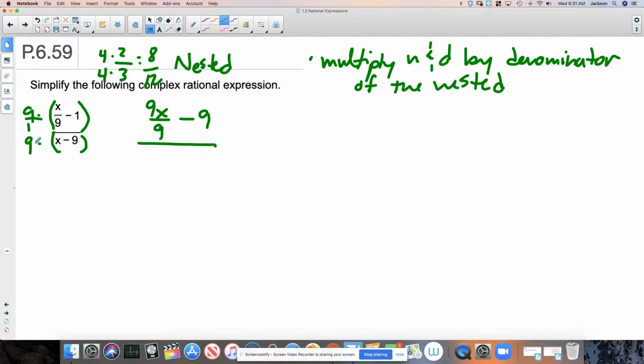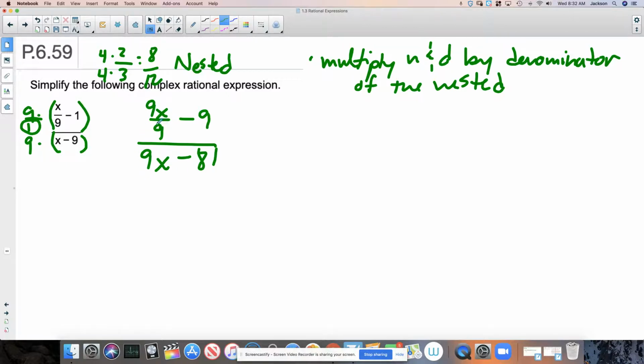And on the bottom, when I do 9 times x, I get 9x, and when I do 9 times negative 9, I get negative 81. So I have to distribute this number. The only reason I wrote this 1 here was because some people are uncomfortable multiplying integers by fractions. If you're uncomfortable, put a 1 underneath it. Now it's 9 over 1. And when we multiply fractions, we multiply straight across: 9 times x and 1 times 9. So this is my new expression.